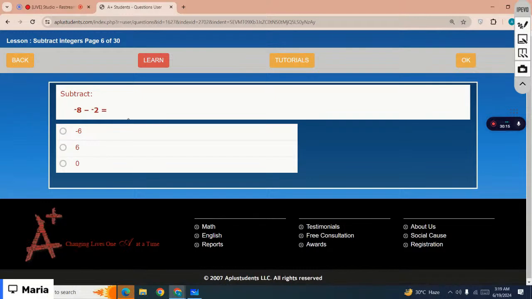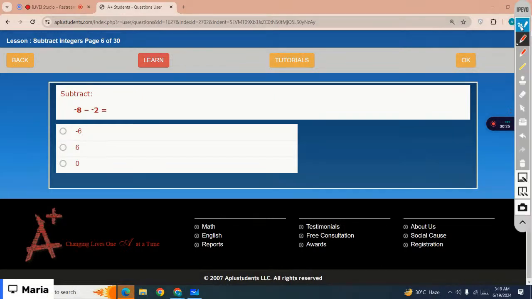Because subtracting a negative number is the same as adding, right? So that would be -8 plus 2. And 8 is greater in magnitude, so it has the negative sign. The answer is -6. The correct option is -6. Option number 1 is the correct option.